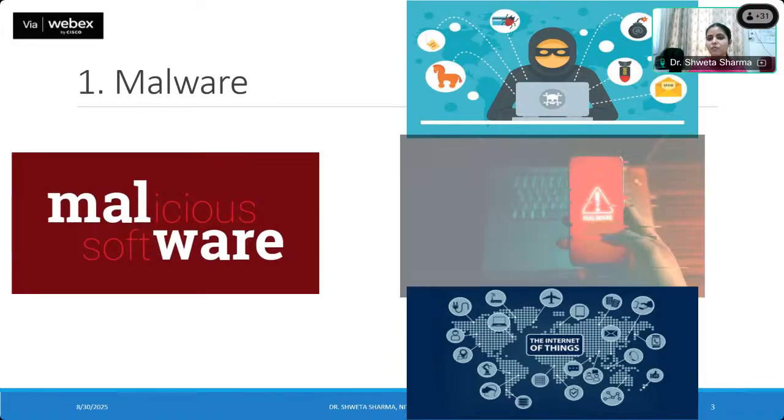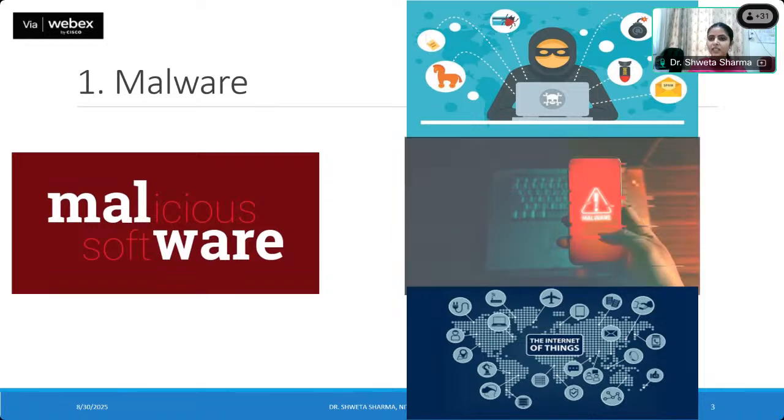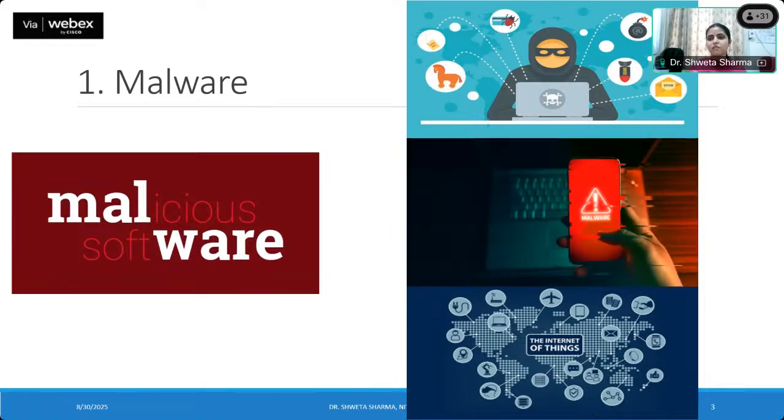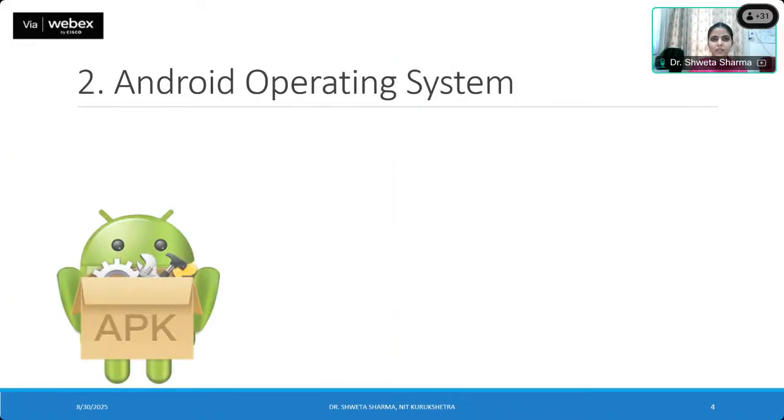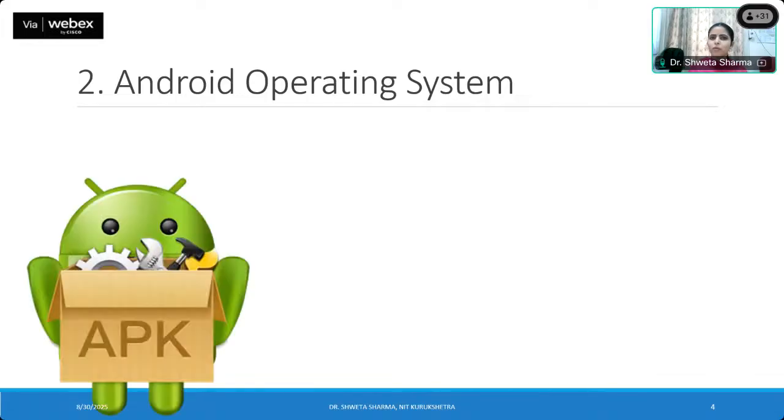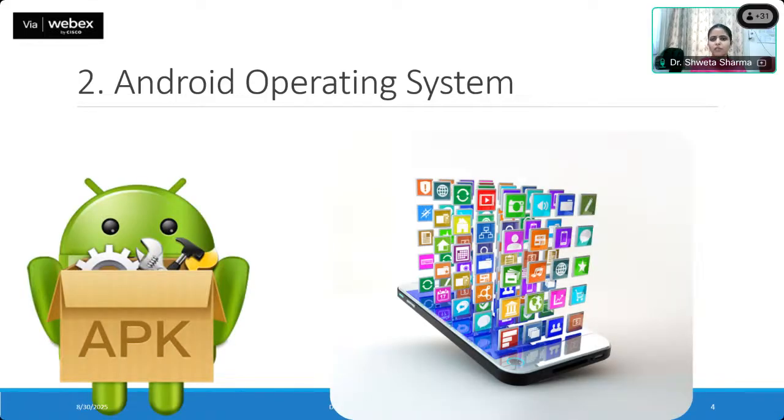And in this session, I'm focusing on Android malware. That is a malware which infects the operating system known as Android operating system on your smartphones. Now, just a quick introduction about Android operating system. We all know that in our smartphones, we use this Android operating system, and it is the most widely used operating system worldwide.